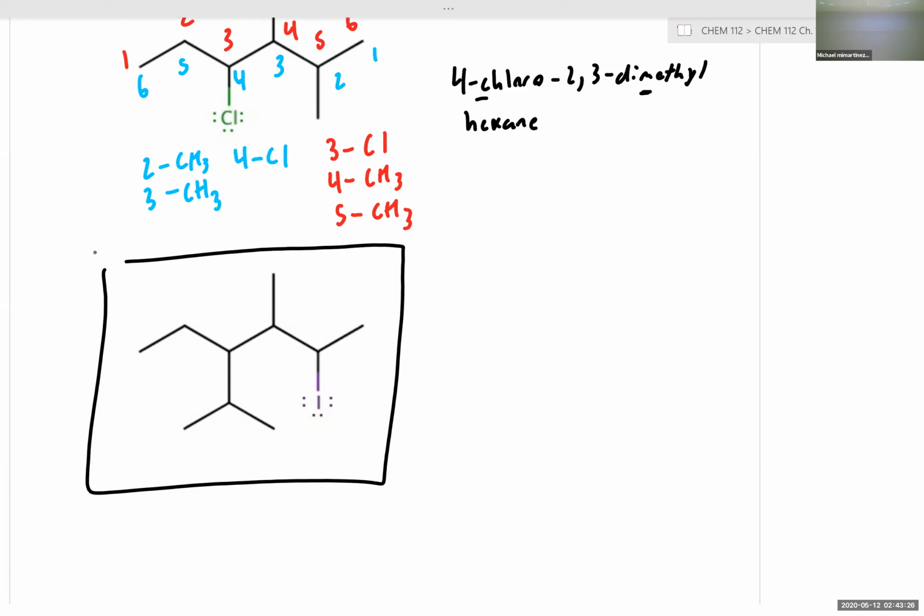And don't be shy to break out the annotate feature or type your proposed name for this compound in the chat. Otherwise, we'll discuss in about 2 minutes.